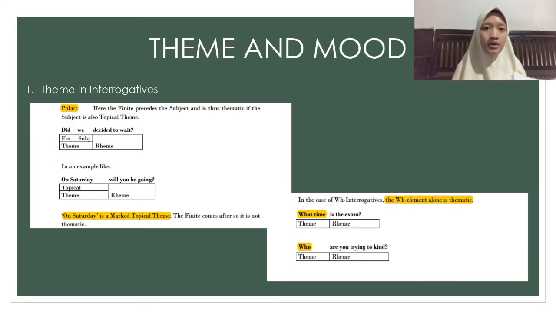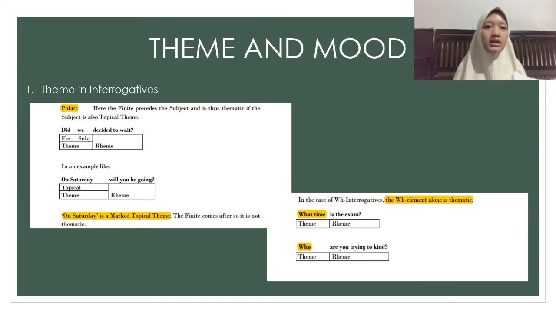Theme and mood. So far, most of the example discussion has been of clauses which have declarative mood. We also need to consider theme in interrogative, imperative, and exclamative clauses. Theme in polar interrogatives: here the finite precedes the subject and is thus thematic, if the subject is also topical theme.